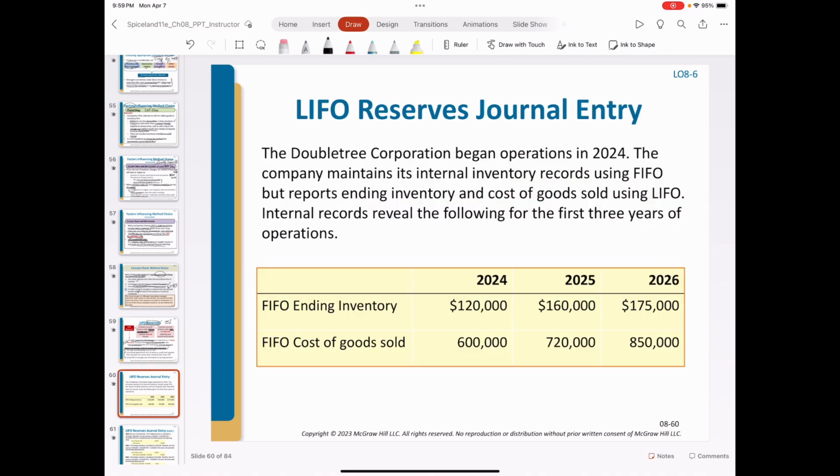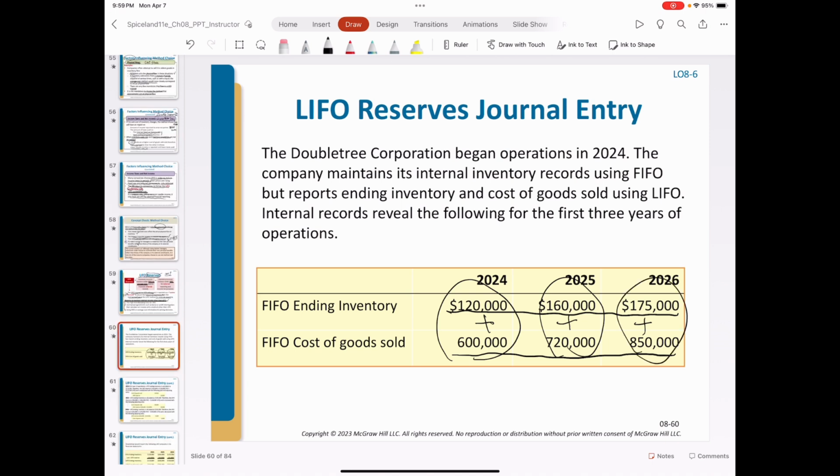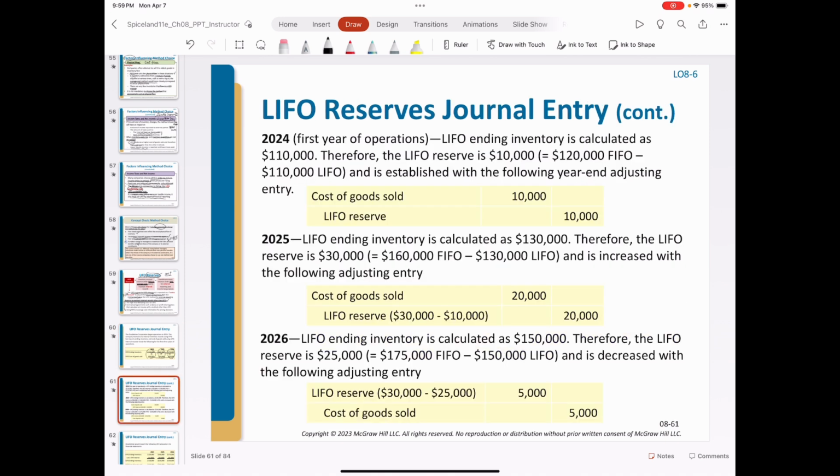That's the FIFO ending balance of inventory for the past 3 years and the cost of goods sold. And we know no matter what methods we use, it won't have impact on the sum of these two because this represents the goods available for sale. So here in 2024, the FIFO inventory was 120,000.